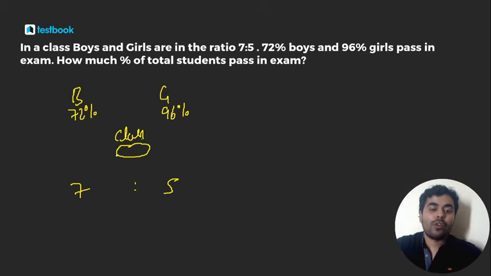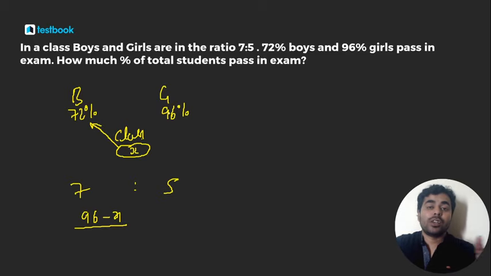So now to find this value, if we use the alligation method, it can be a little lengthy. For example, suppose I put this value as x. If I put this value as x, then we know that this 7 is actually the difference 96 minus x. So we will try to form an equation, 96 minus x upon x minus 72.